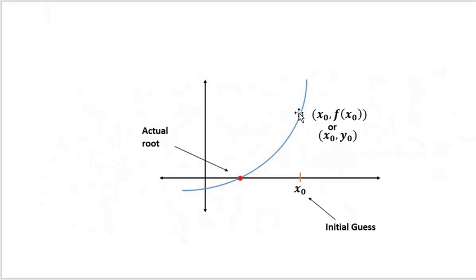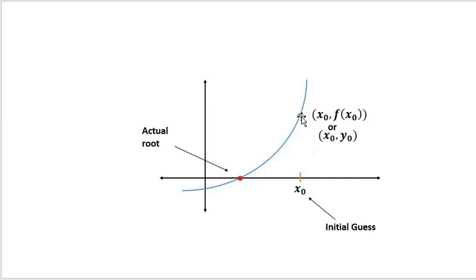At this point, the coordinates will be x naught, f of x naught, or x naught, y naught. So this is the point on the curve. If you are given any function, you can take a point x naught, and at that x naught there definitely may be a point, but it is not exactly true.